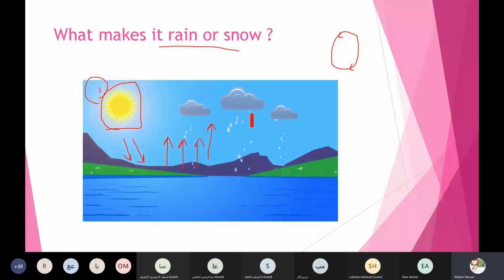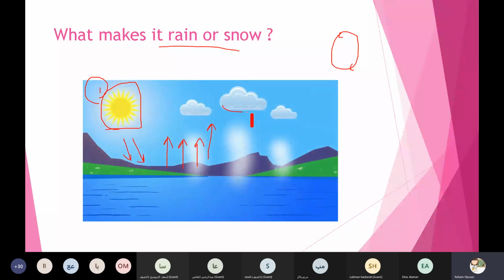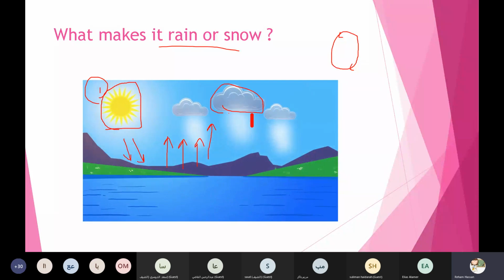When it is in the sky, it cools. If it is cold, it forms the clouds. So this water vapor, when it is cold, it forms the clouds.